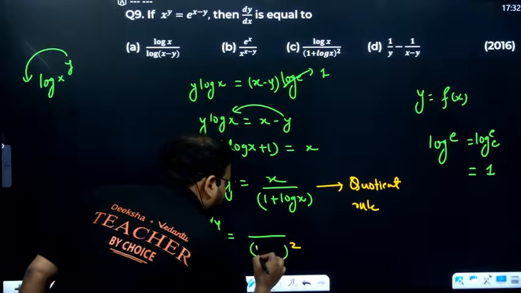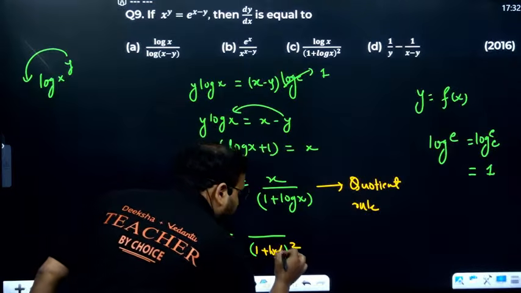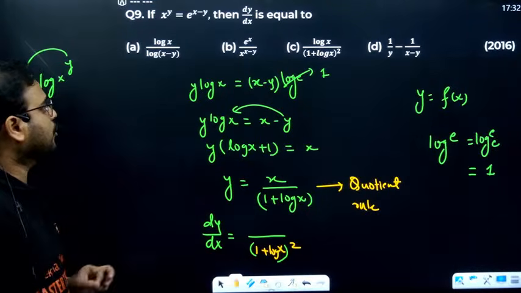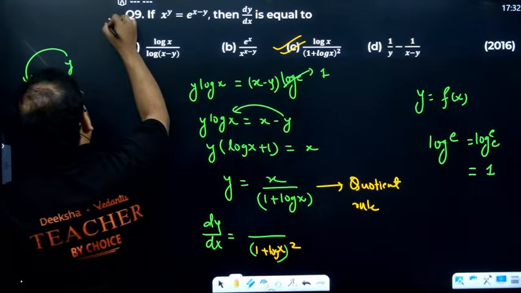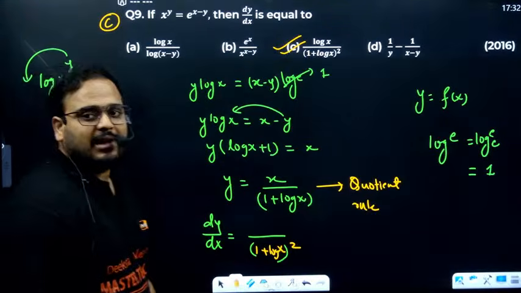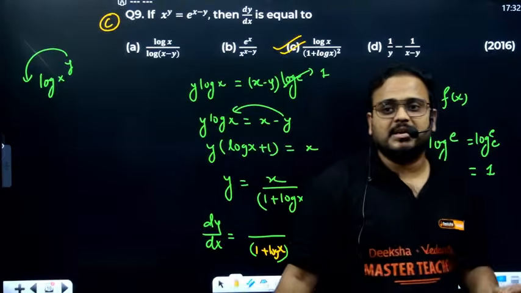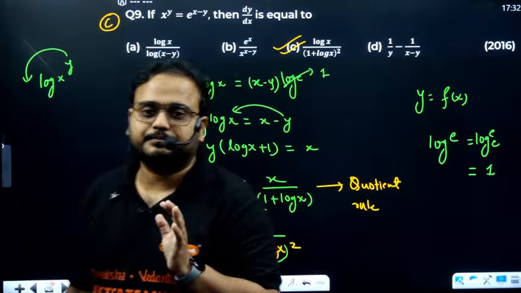You'll have 1 plus log x whole square for sure. And if you look at the options, we have only one. So my answer is option C, without wasting time.